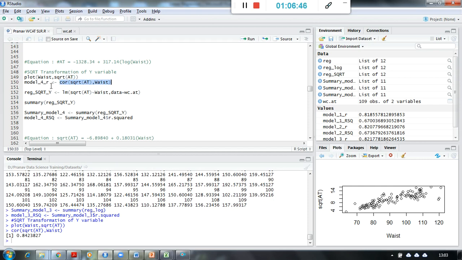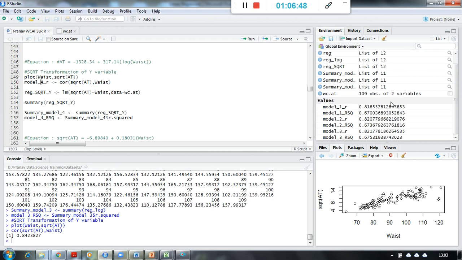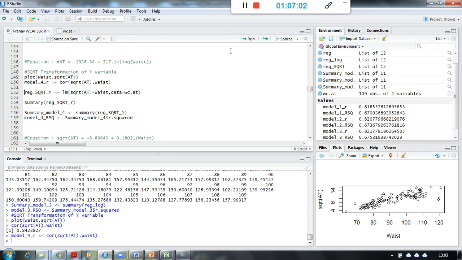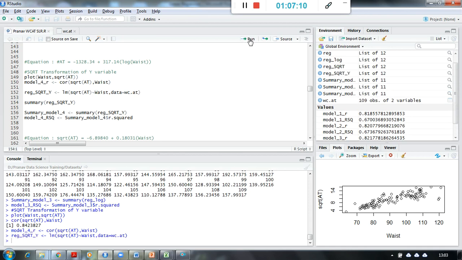Okay, so model 1 r value was 8185, model 2 r value was 8207, model 3 r value was 8217, and now it has come to 84, right? So I'm storing this value as well. Building the model by taking the square root on ad tilde west, passing on the data and building the model.